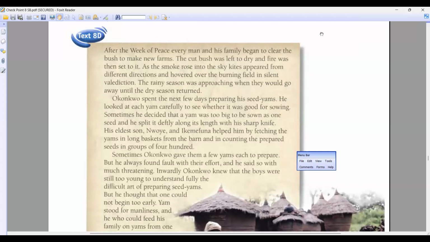Page 122, second paragraph, second line: for three or four months it demanded hard work.